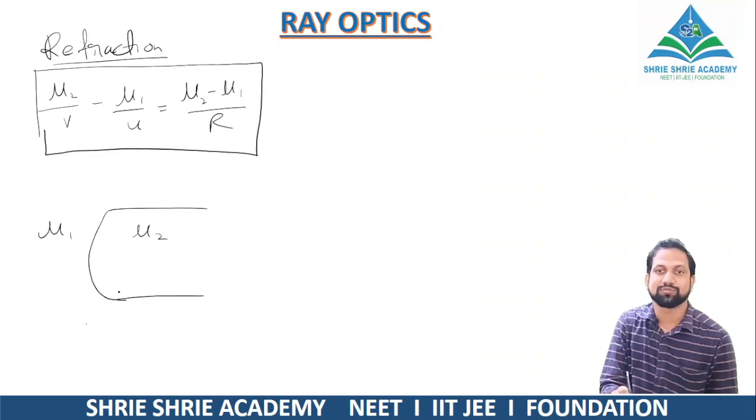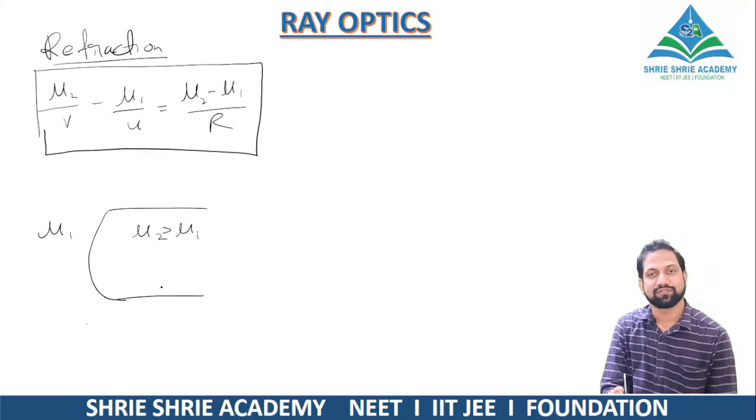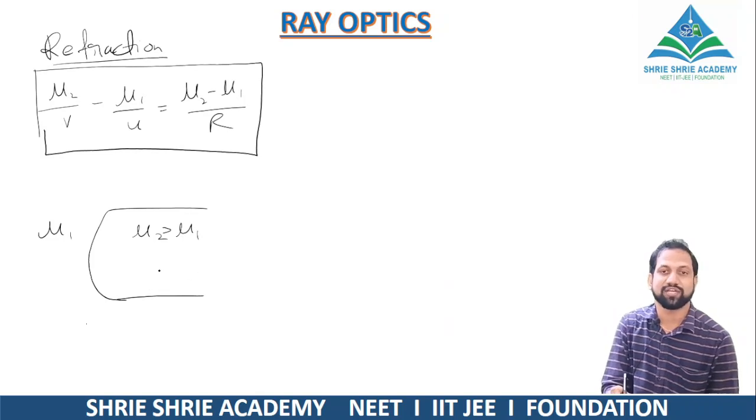Suppose mu2 is greater than mu1, then it is convex interface. Otherwise, if mu2 is less than mu1, it is going to be concave interface. It depends on the refractive indices actually. So you have to be careful.